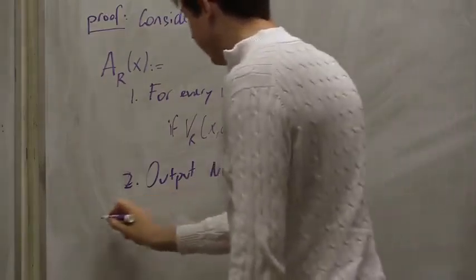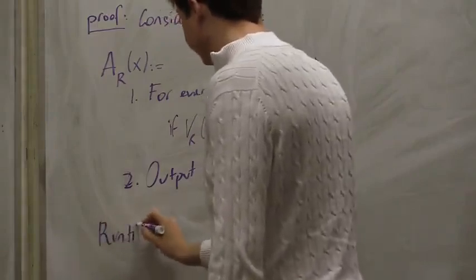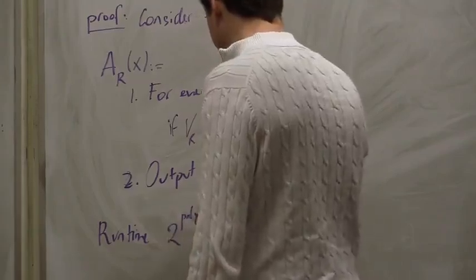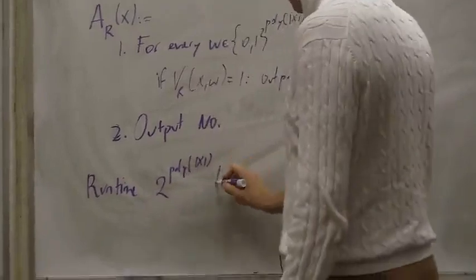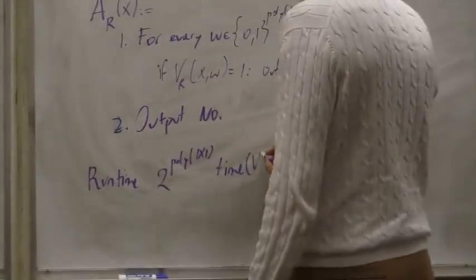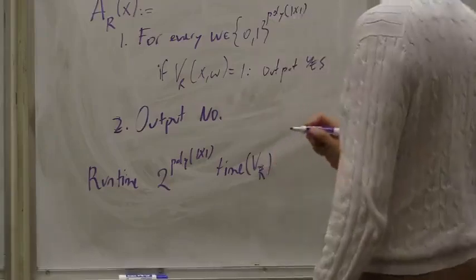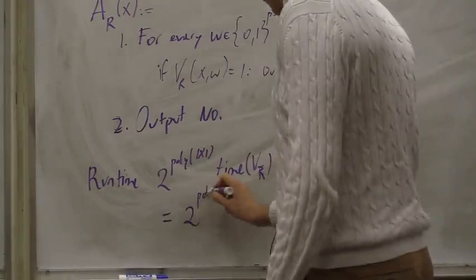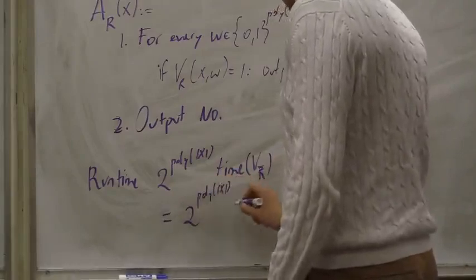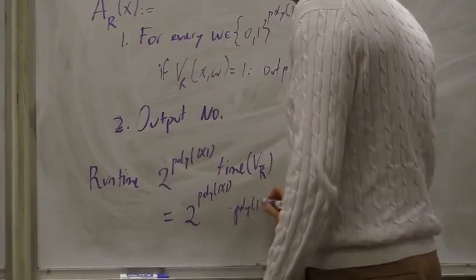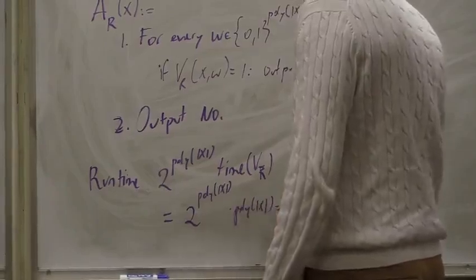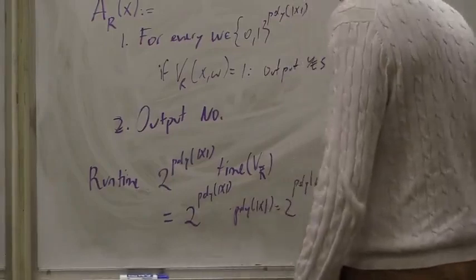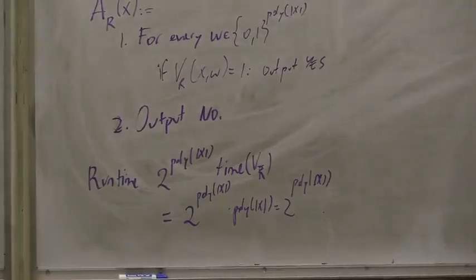Now, the running time of this algorithm is 2 to the poly x times the time of running the verifier, but this entire thing is 2 to the poly x times poly x, so that is 2 to the poly x. All right.